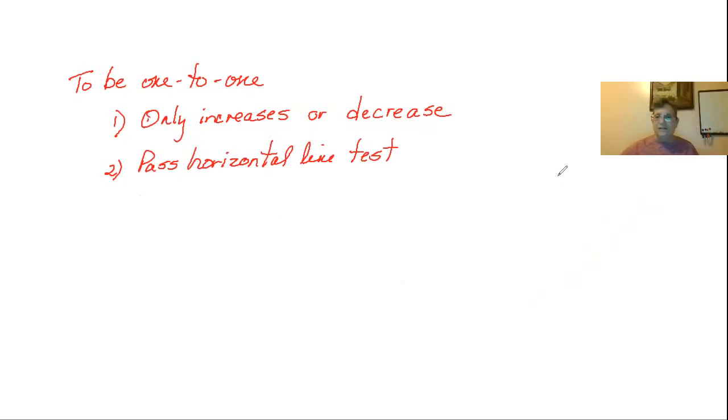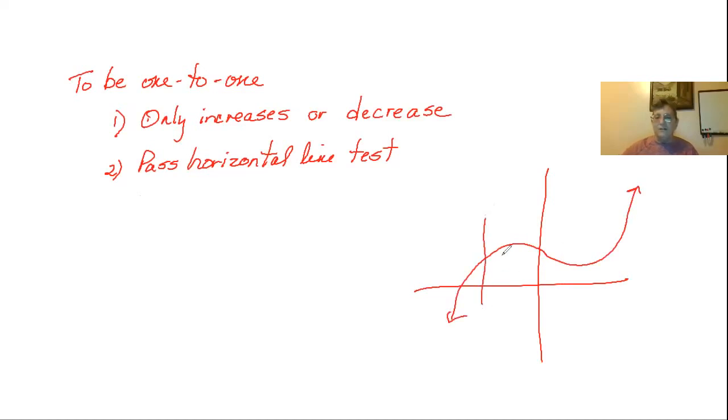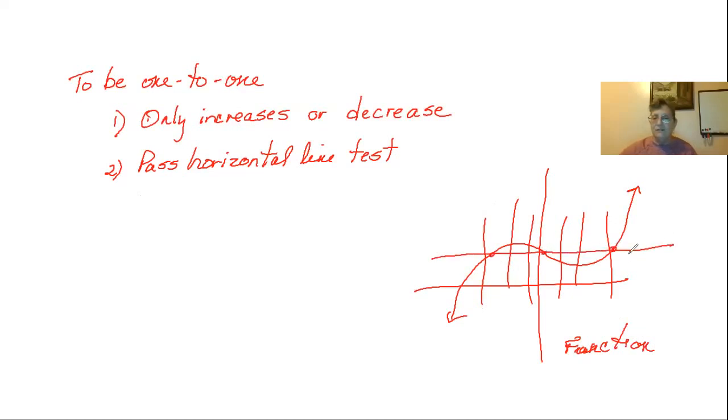The horizontal line test is where, if we had a graph like this, it is a function because it passes the vertical line test. So it's a function. But it doesn't pass the horizontal line test. So it's not one-to-one.